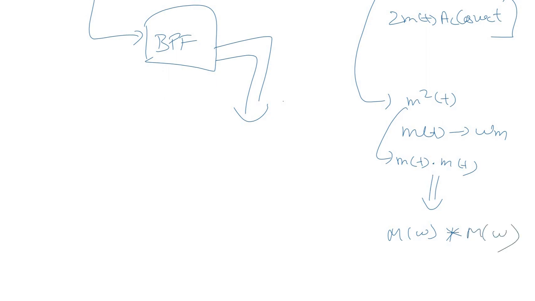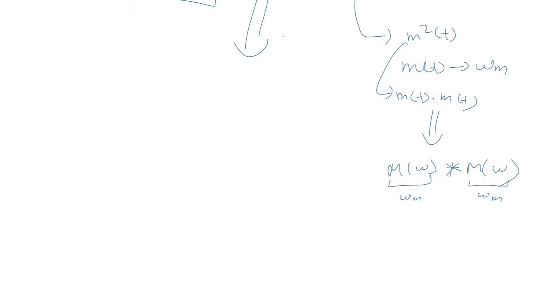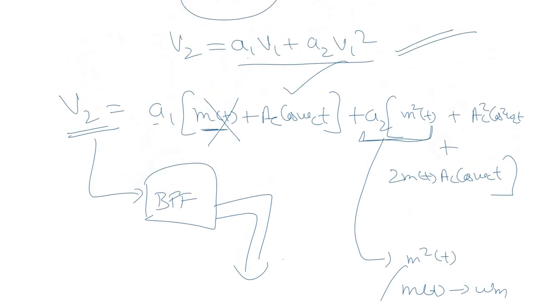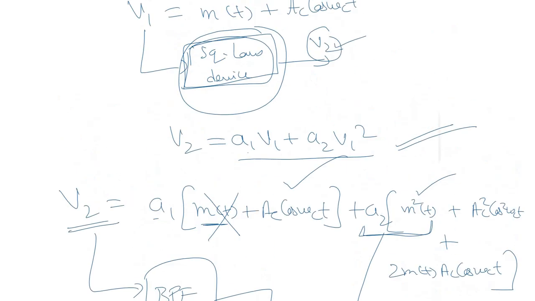We have already seen this property that if the frequency component present here is omega M, and here is also omega M, the resultant convolution would be the sum of these two, twice of omega M, right? The frequency component present in the resultant of this convolution M omega convolution M omega will be twice of omega M. So the frequency component present in M square T is twice of omega M. So does that pass through the band pass filter?